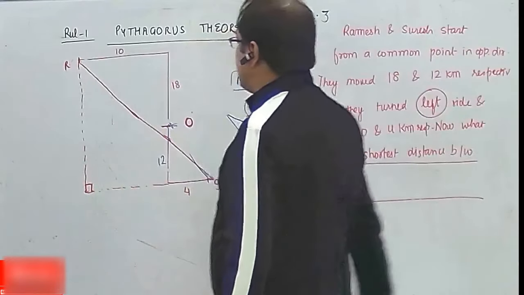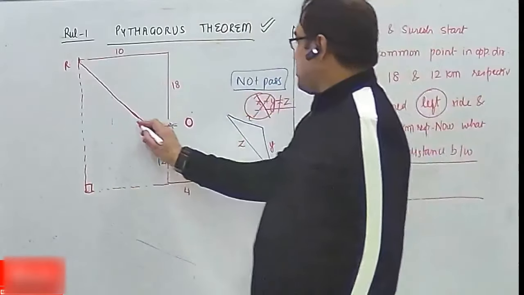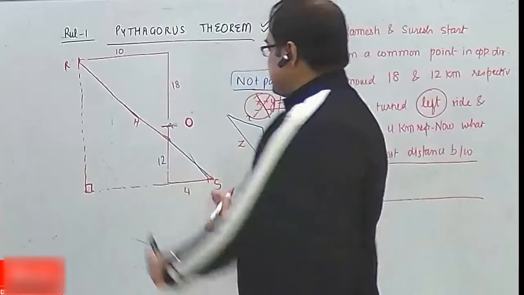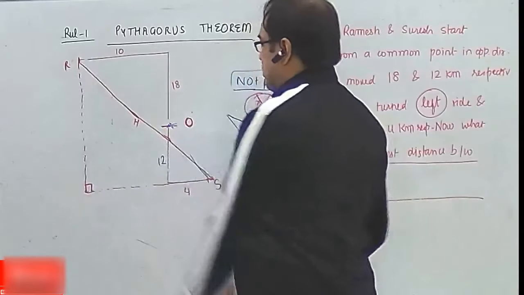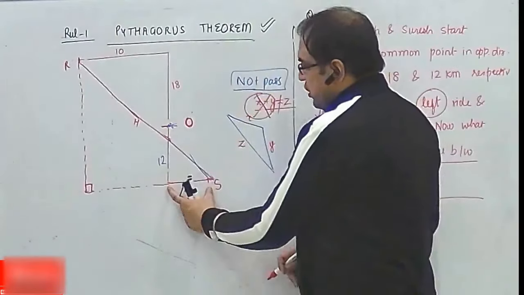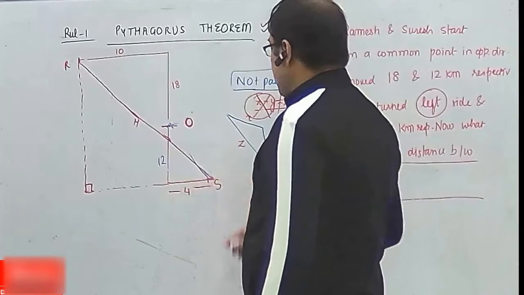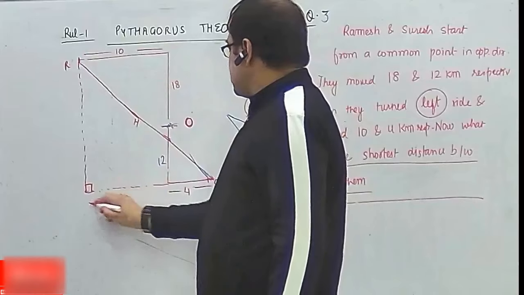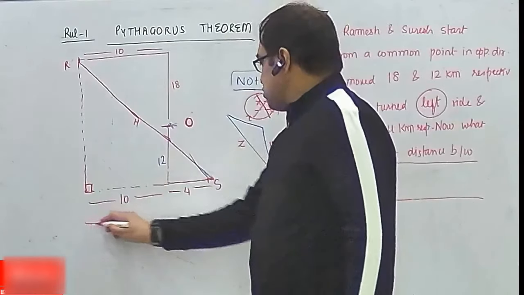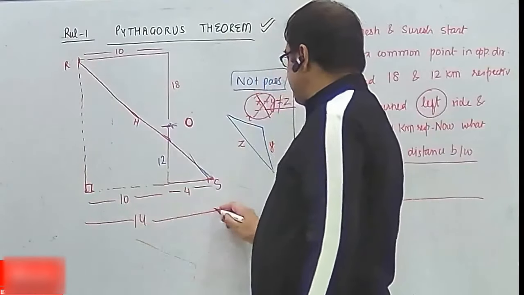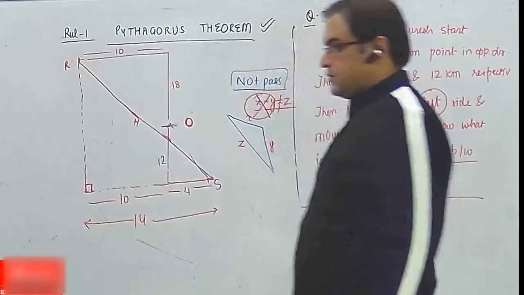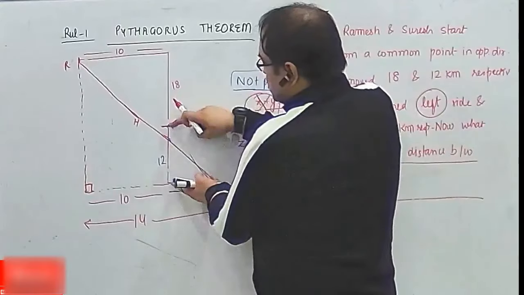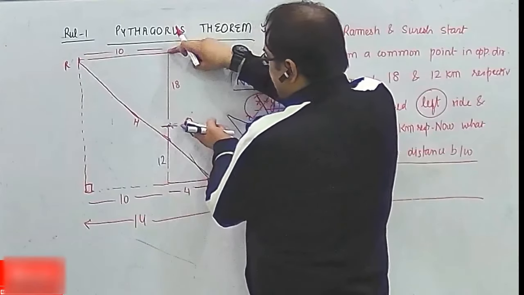Here this is the right angle, so this will be the hypotenuse, this side is the base and this is the perpendicular. This side we know is 4 from here to here, and this is 10, so this total will be 14. And this is 12, and this is 18.